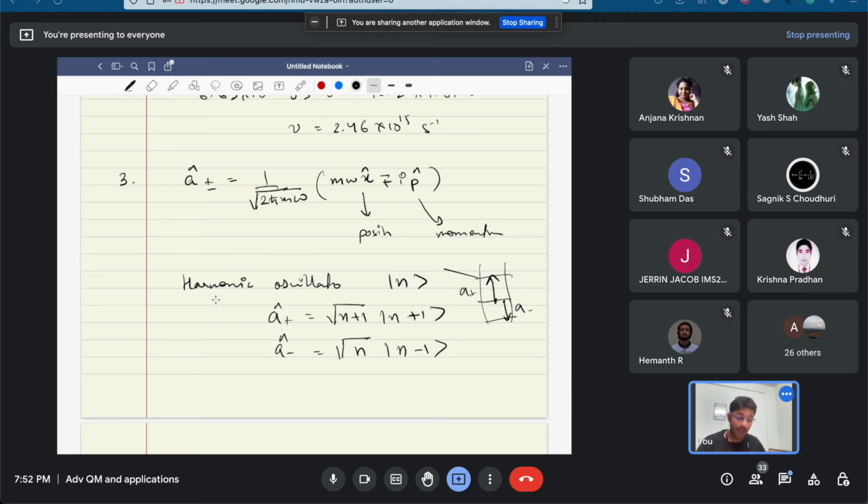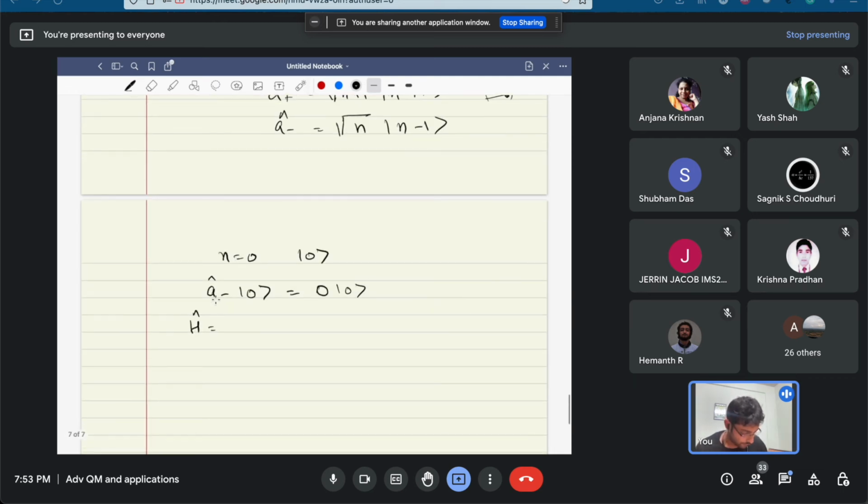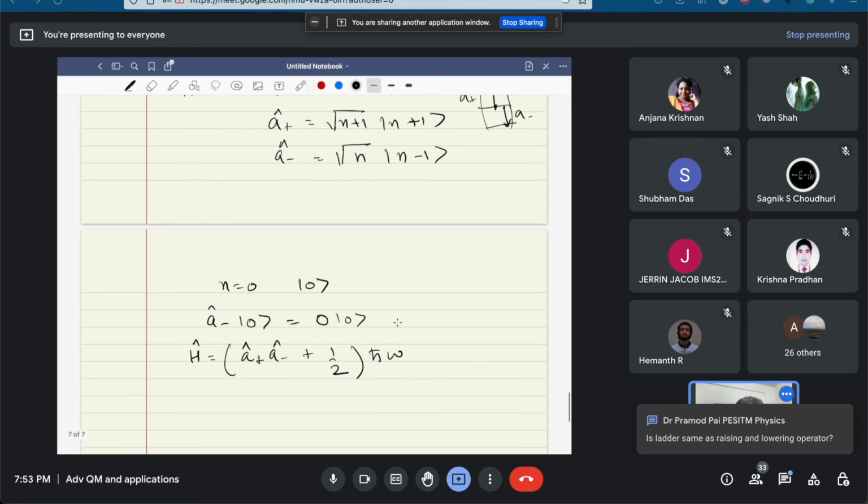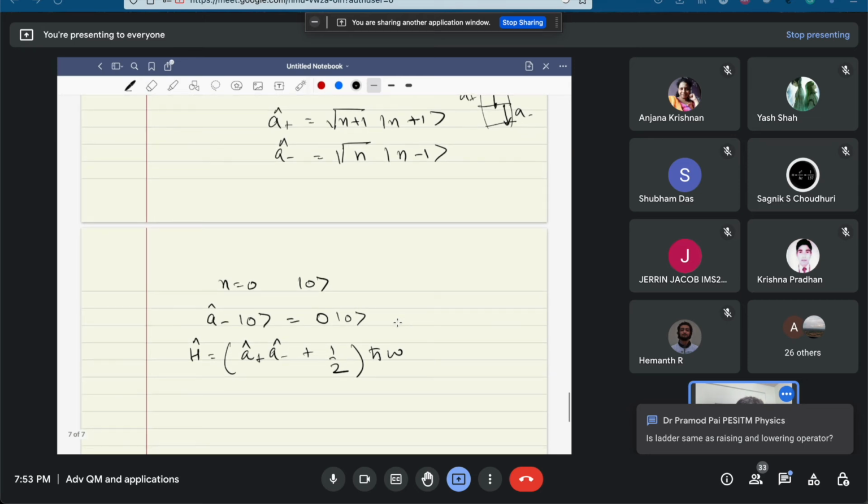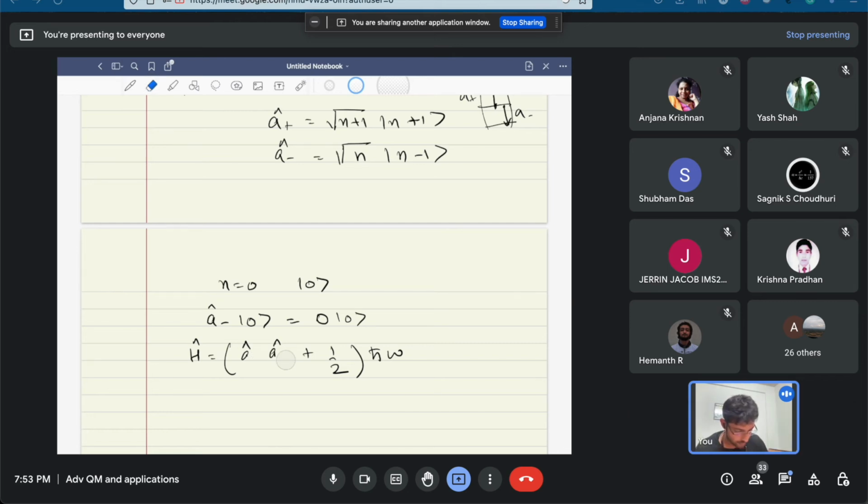Now the Hamiltonian for these cases is given in the form a plus a minus plus half h bar omega. I think I missed this one.